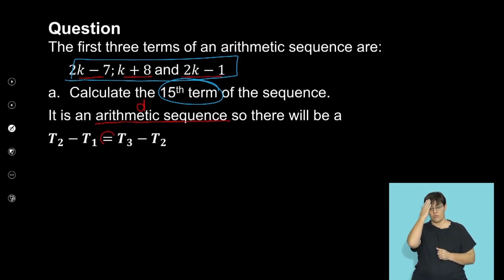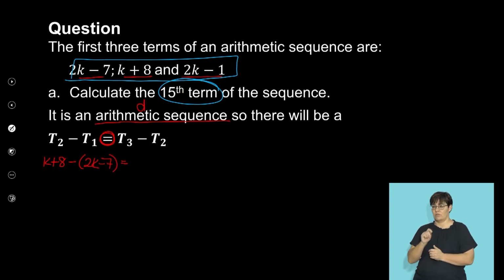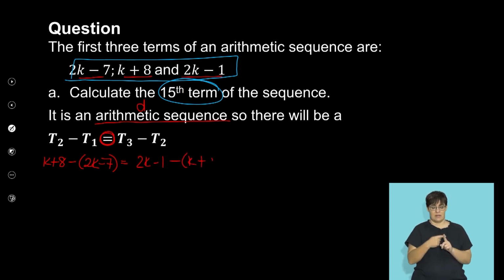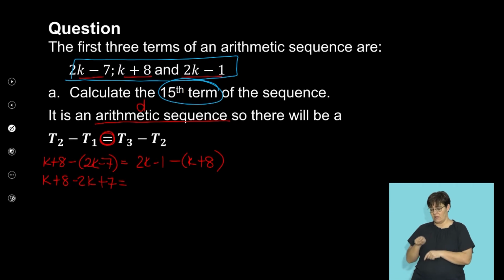I know that the common differences have to be equal to each other, so I am allowed to do this. So if I substitute in term 2, it's k plus 8. Then I'm going to subtract term 1, which is 2k minus 7, which is equal to term 3, which is 2k minus 1, and I'm going to subtract term 2, which is k plus 8. If I distribute the negative in on the left, I'm going to have k plus 8 minus 2k plus 7 is equal to 2k minus 1 minus k minus 8.